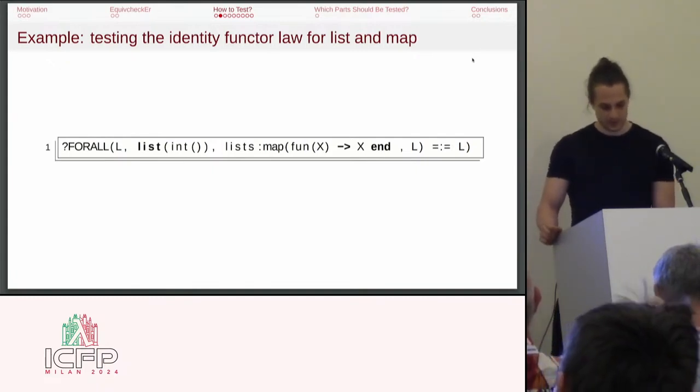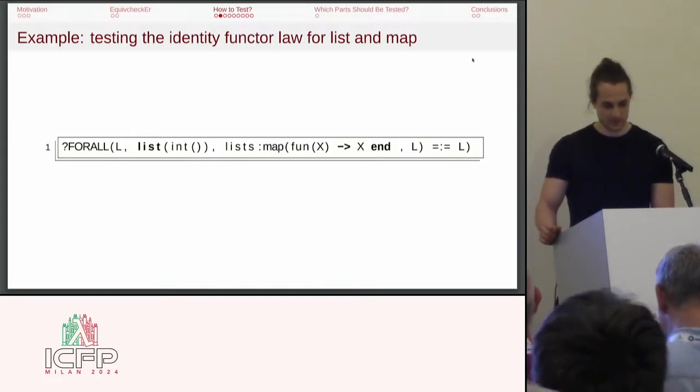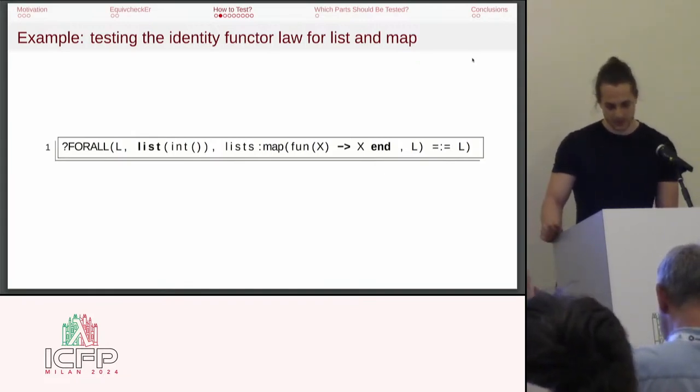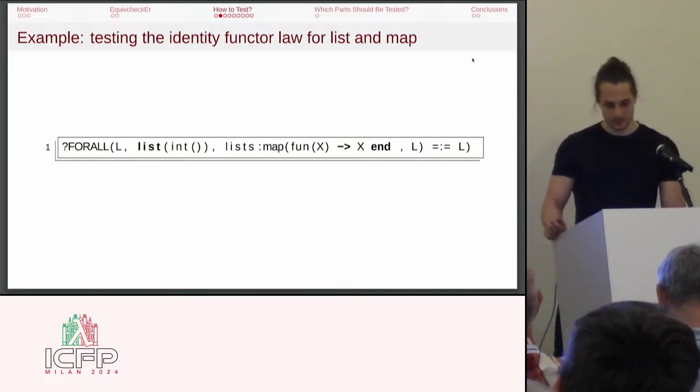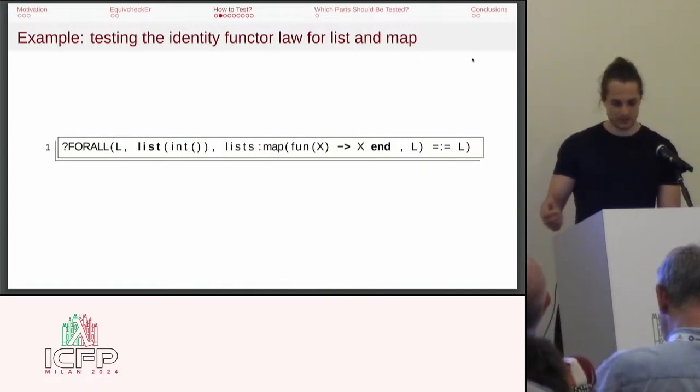You have to also provide the type of this data, so this will be a list of integers. And then we define the property we want. So if we map the identity function over this list of integers, then we should get back the original list.